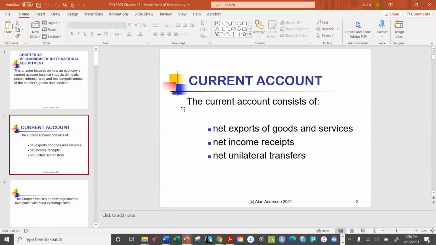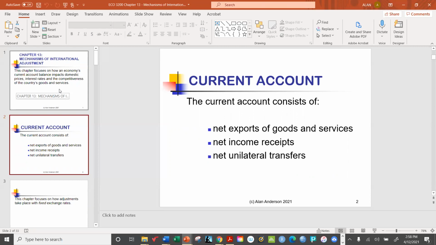And I'll just remind you here that the current account consists of net exports of goods and services, net income receipts, we called them, and net unilateral transfers, in other words, gifts. So what we would like to know is if a country's current account either experiences a surplus or a deficit, how does the economy react to that?